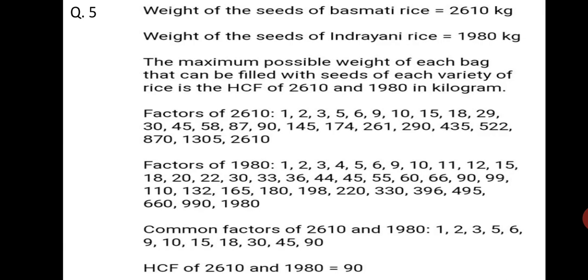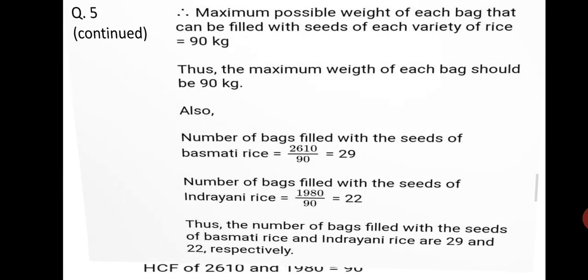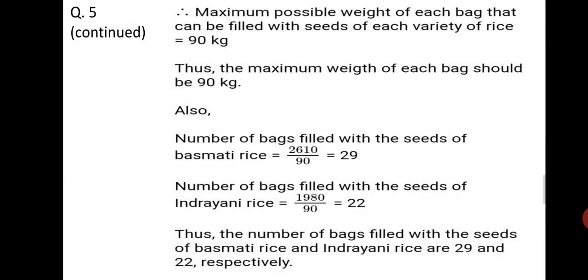Therefore, HCF of 2610 and 1980 is equal to 90. Therefore, maximum possible weight of each bag that can be filled with seeds of each variety of rice is equal to 90 kg. We got our first answer. That is, thus the maximum weight of each bag should be 90 kg.